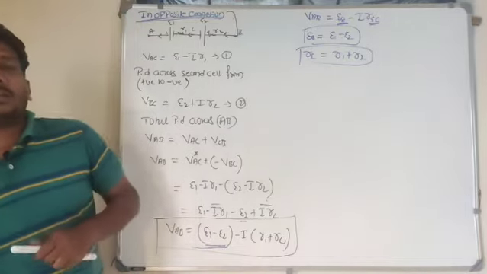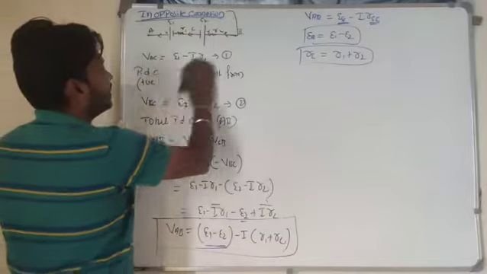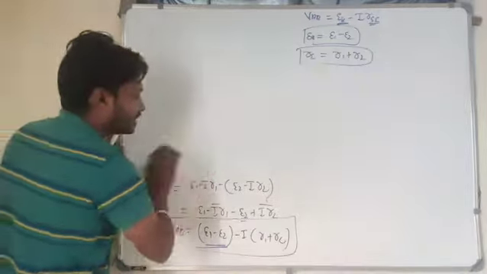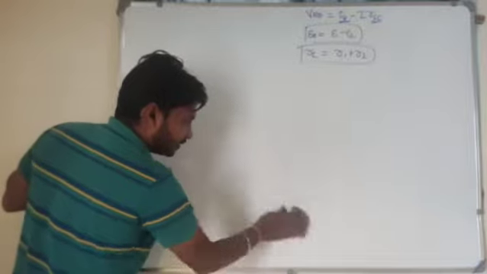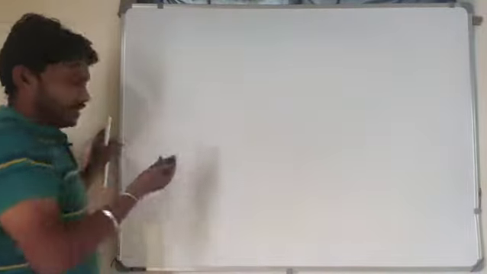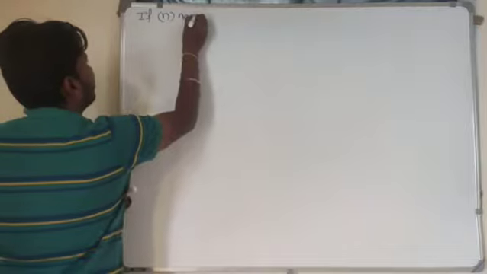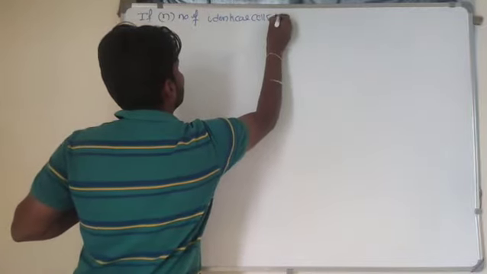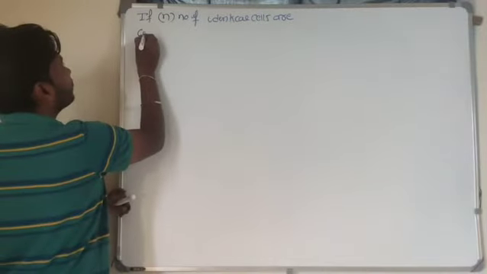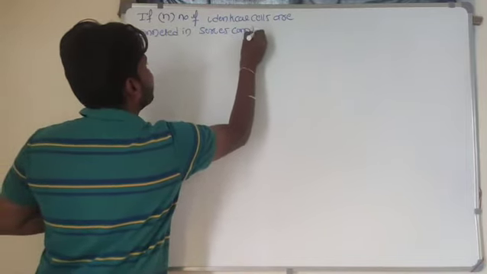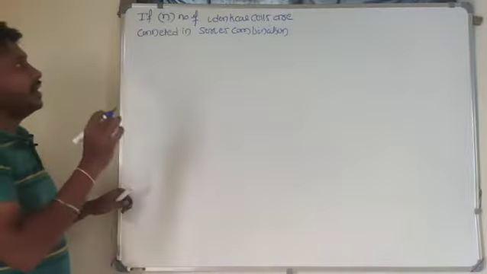Now, for example, if I have n number of cells connected in series combination, look here. If n number of identical cells are connected in series combination, I need to find the equivalent EMF, equivalent internal resistance and total current in the circuit.